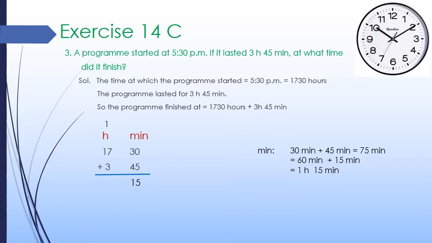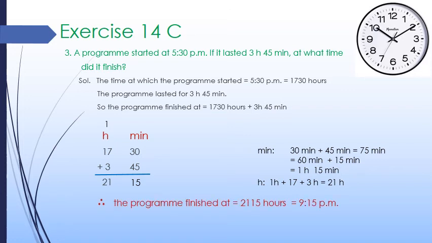So now in the hour section we will add 1 hour plus 17 hour plus 3 hour, which is equal to 21 hour. So the program finished at 21:15 hour, which is equal to 9:15 p.m. in the 12-hour clock. So I hope you have understood this question. So now let's move to the next question.